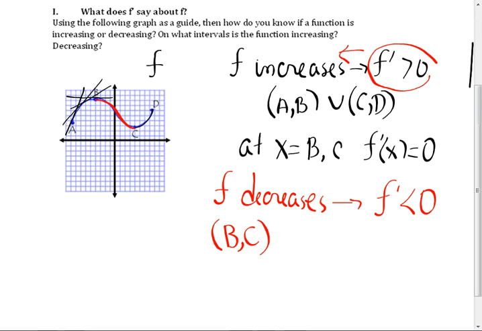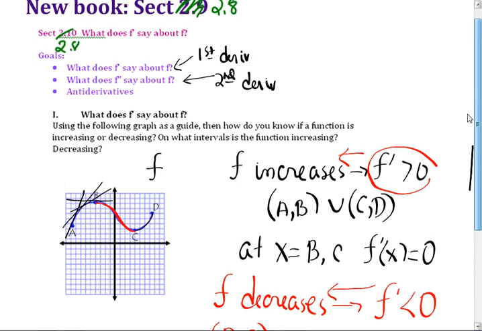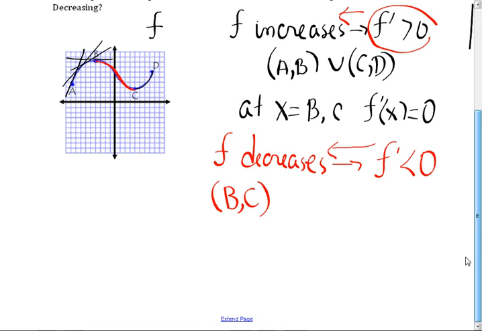If my derivative is negative, then my function's decreasing. If the derivative is 0, then it's stopped. Do you remember this from last year? That's all there is. That's what the first derivative is.